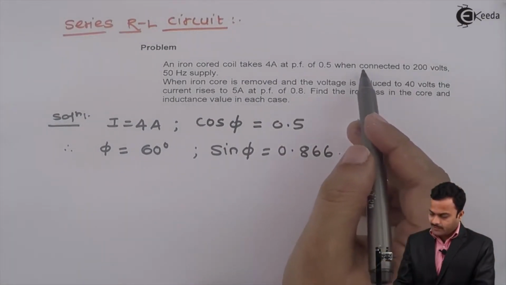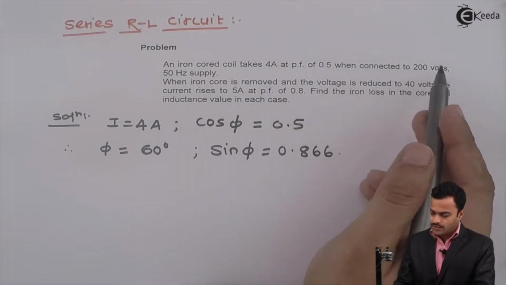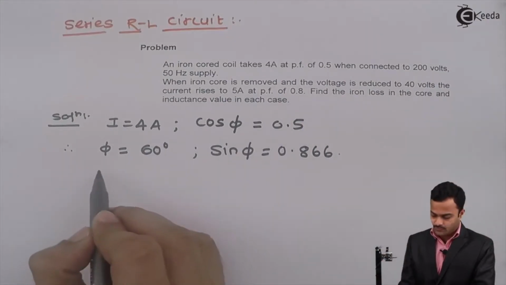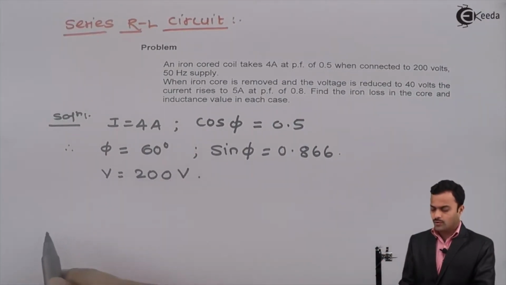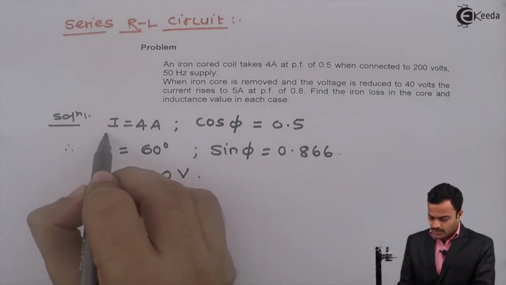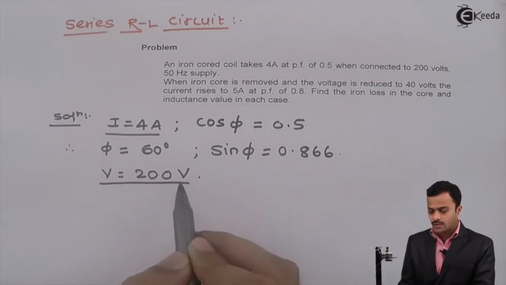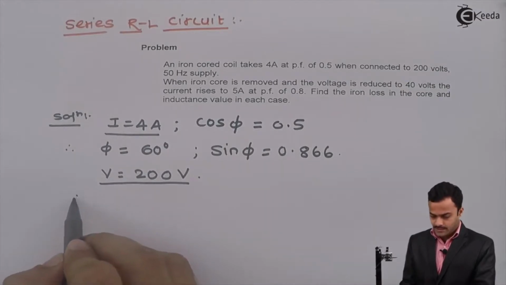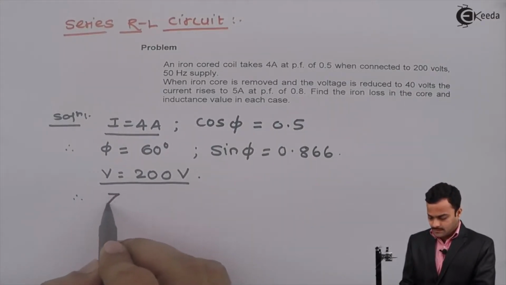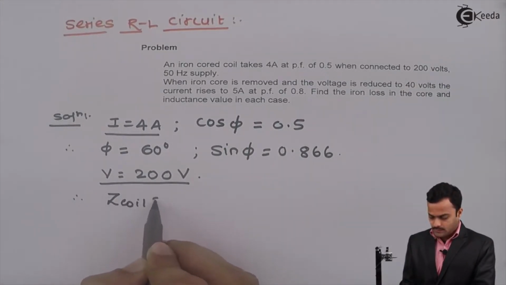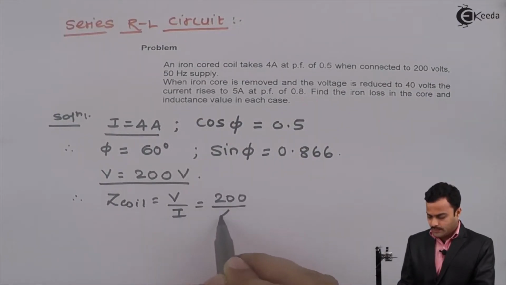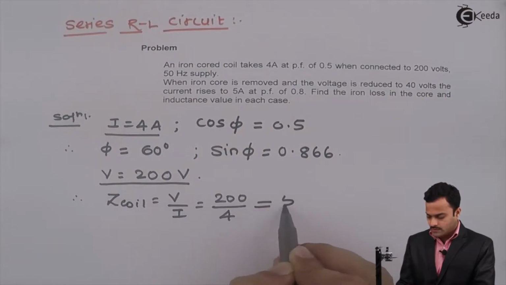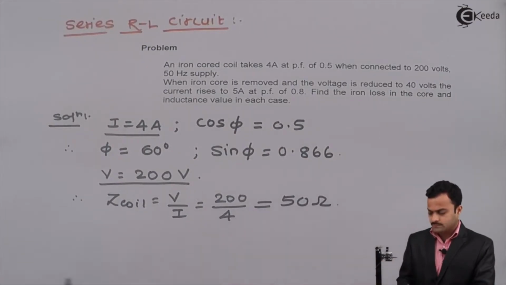Beside that, they have given when it is connected to 200 volt 50 hertz supply. So voltage is 200 volt. Now I know total current, total voltage. I can get impedance of coil as V by I, 200 divided by 4, which is 50 ohm.